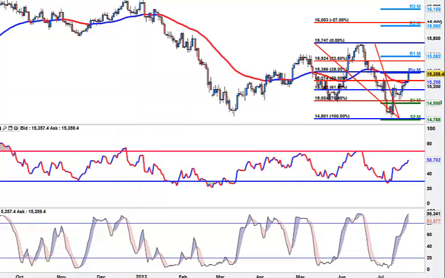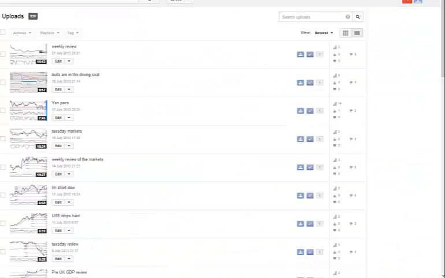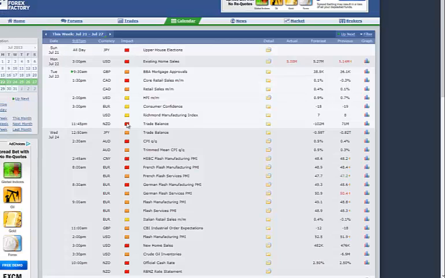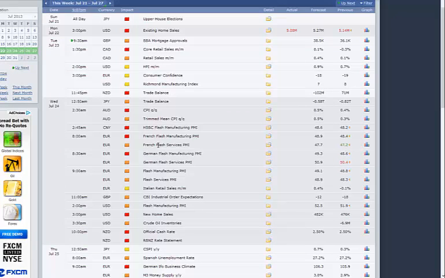Talking data, let's have a look at what we have got. So only existing home sales today. We've got UK mortgage approvals. We've got CAD retail sales, Euro consumer confidence. Not a lot again. Some Aussie data on Wednesday overnight. A lot of Euro data.